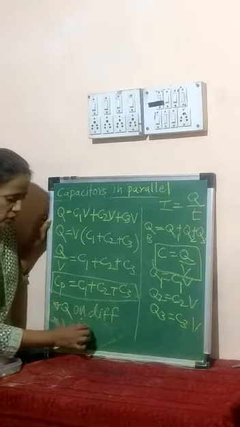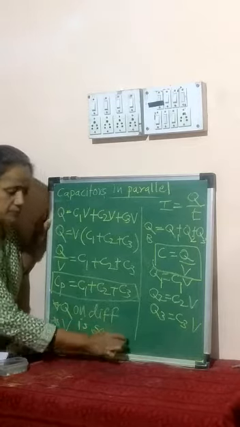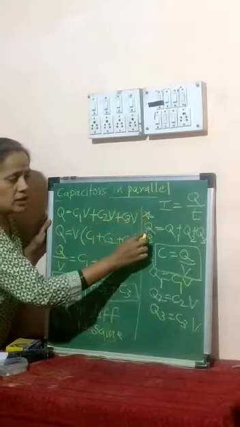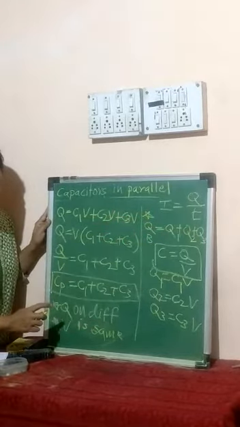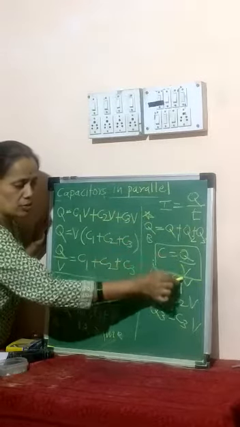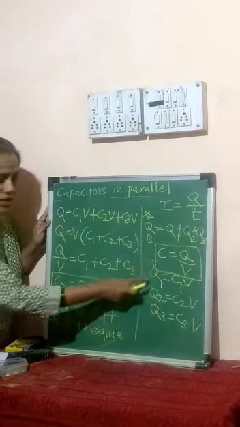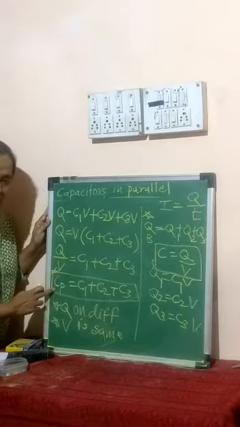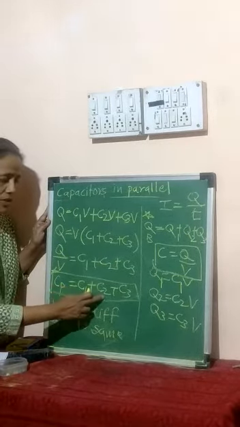Second point, the potential on each capacitor will remain the same. Since the charge is different, Q is equal to Q1 plus Q2 plus Q3, and from the formula C is equal to Q upon V, I can substitute the values of Q1, Q2 and Q3. When I substitute these values, the equivalent capacitance in parallel combination is equal to C1 plus C2 plus C3.